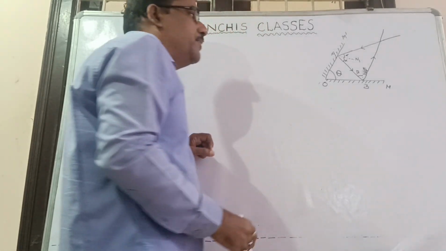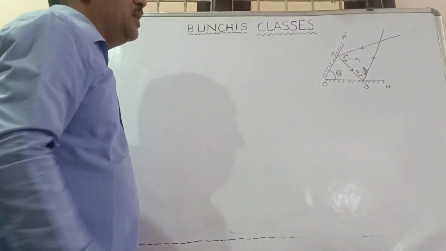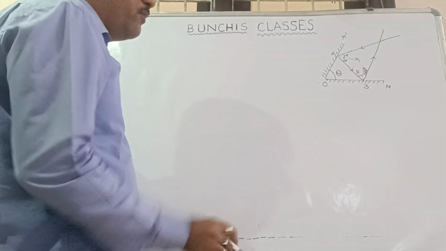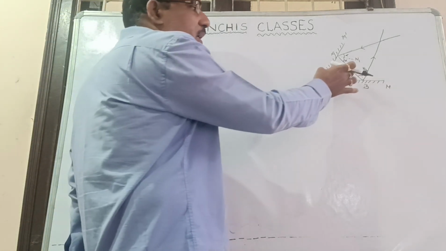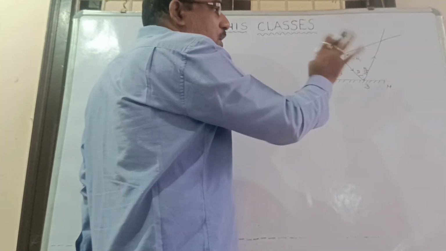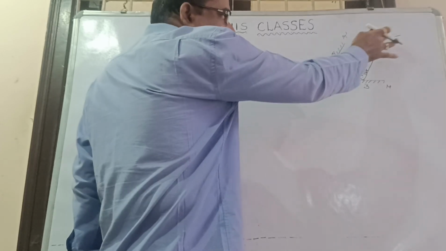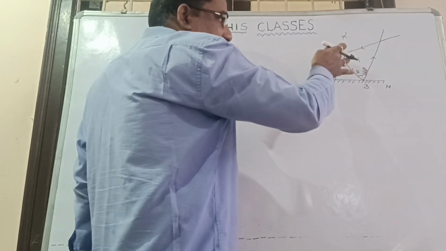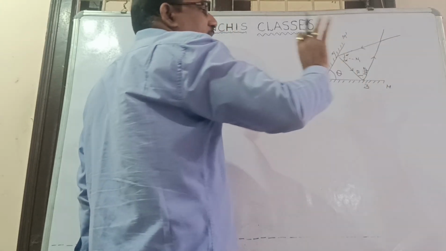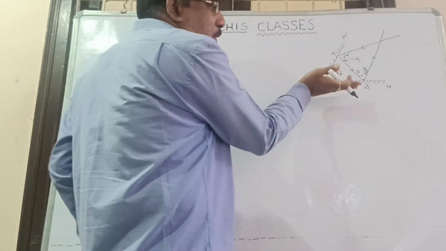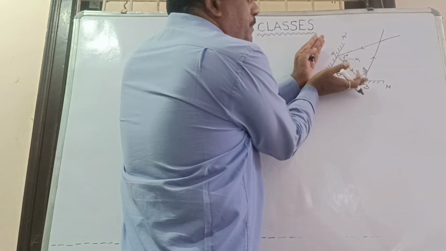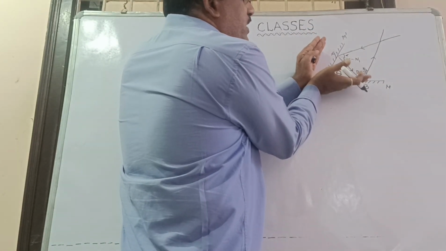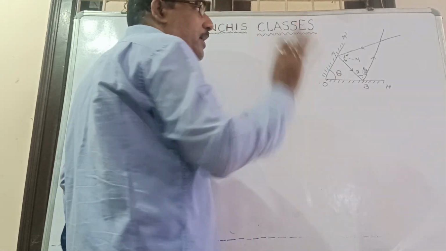In this case, what is the total deviation? Here we have to observe one thing. The total deviation does not depend on the incident angle of first incident ray or second incident ray. It depends upon the angle that is arranged in between the two mirrors. That is the thing.